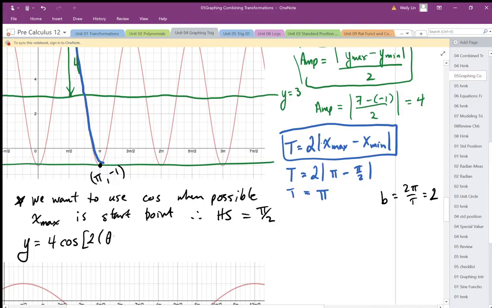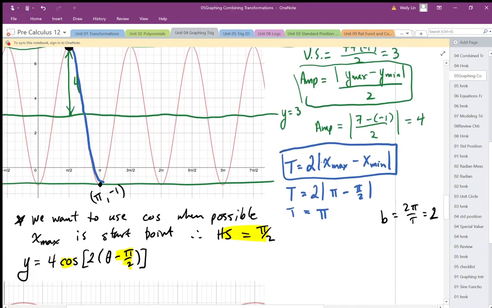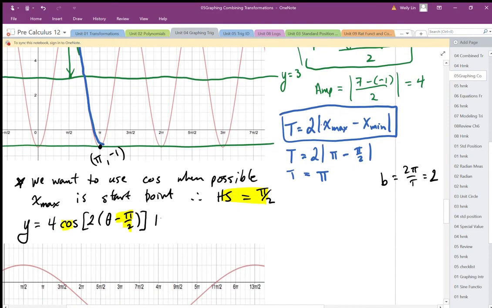It's going to be theta minus my horizontal shift. My horizontal shift is pi over 2 to the right. And this works great for cosine. It does not work for sine. Okay, so we have to adjust this and be a little bit more flexible for sine. Okay, and then the vertical shift is plus 3. Okay, we went up 3.